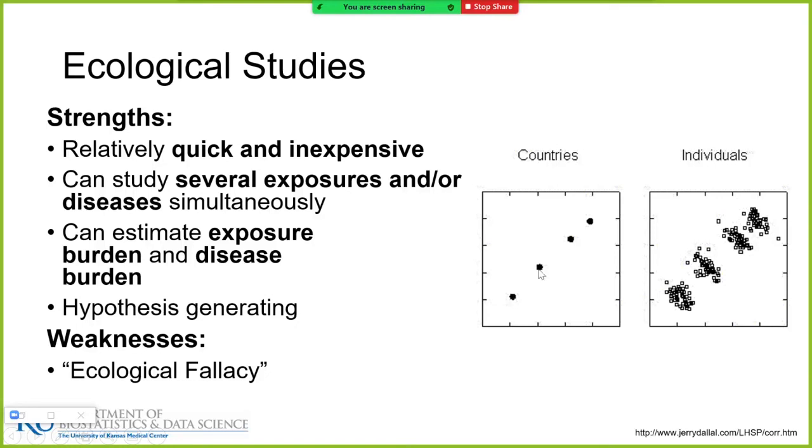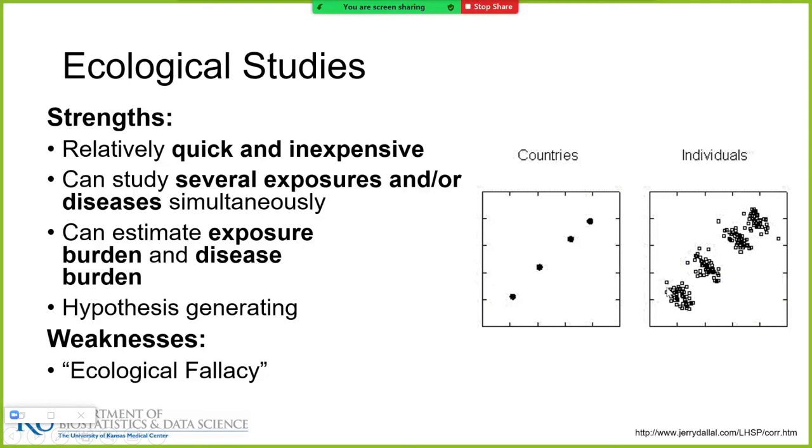So this point is the aggregate exposure and outcome for country 1, aggregate exposure and outcome for country 2, country 3, and country 4. If I were to look at this ecological study, it would look like as I increase exposure, I'm increasing the outcome. But suppose I were able to see the individuals that make up this aggregate.